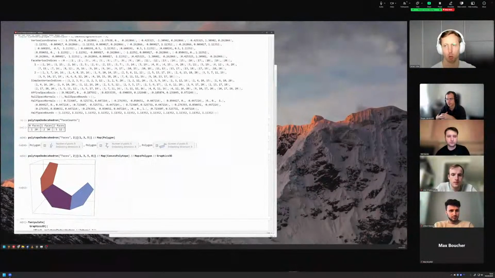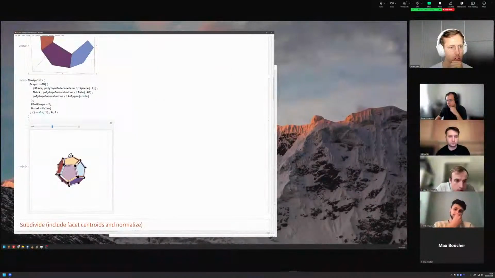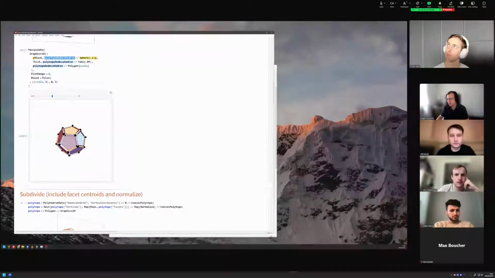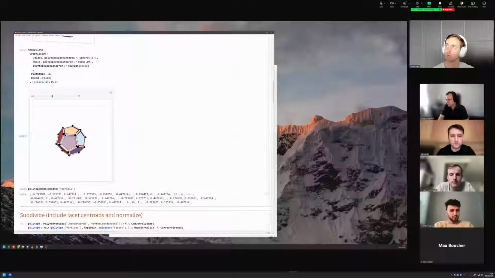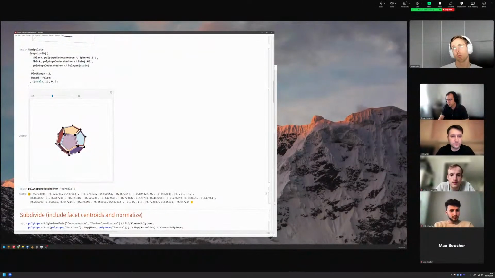So what's a normal vector? So each facet has a normal vector sticking perpendicular to it. Oh, I see. Okay. Yeah, that makes sense. Each facet has a normal vector.